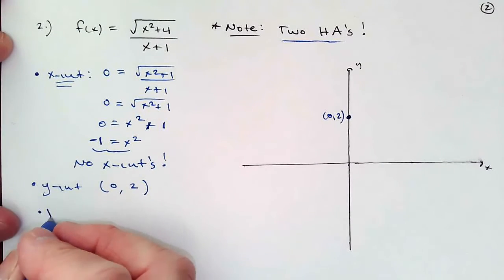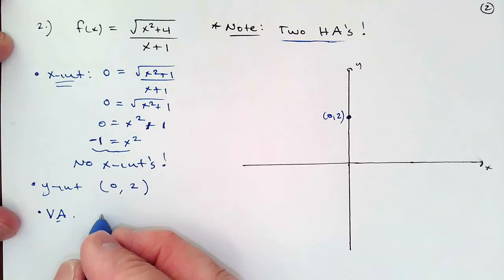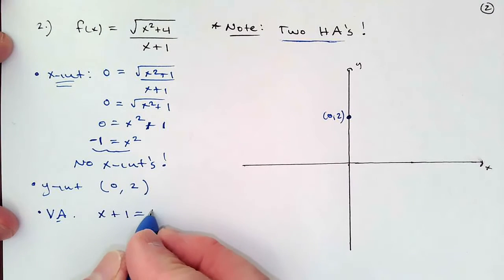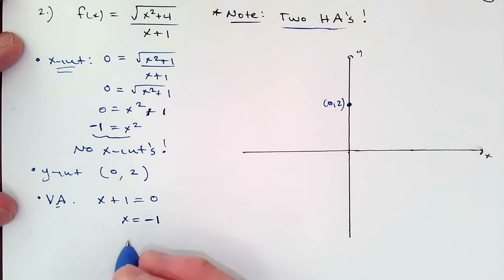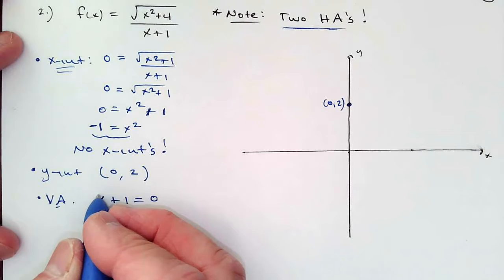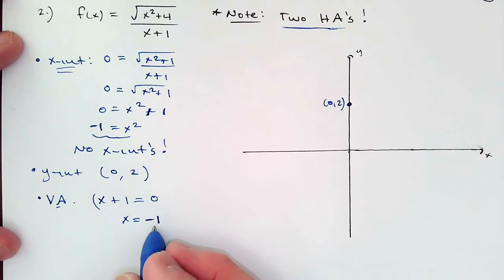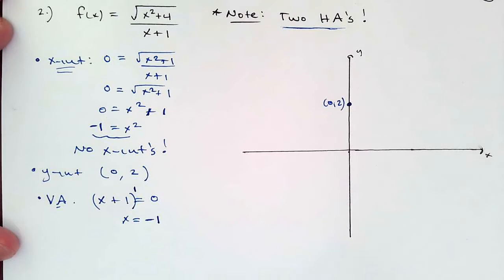My vertical asymptote comes from where my function's undefined, which would be when x plus 1 equals 0. And that's going to be negative 1. Now remember, with vertical asymptotes, we classify them as either same or opposite, having to do with what power this negative 1 came from. And you could argue that this came from a factor that's to a power of just 1.